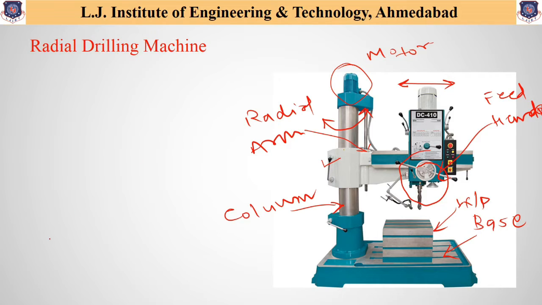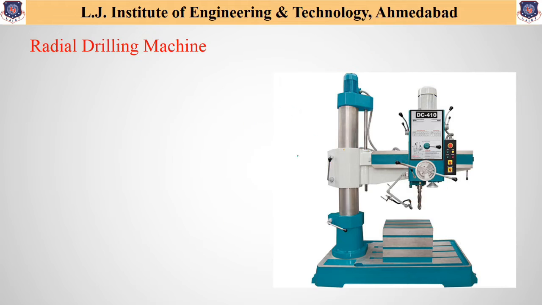So now if we discuss about the movements that are possible in this radial drilling machine, the first movement, that is the vertical movement about the column.